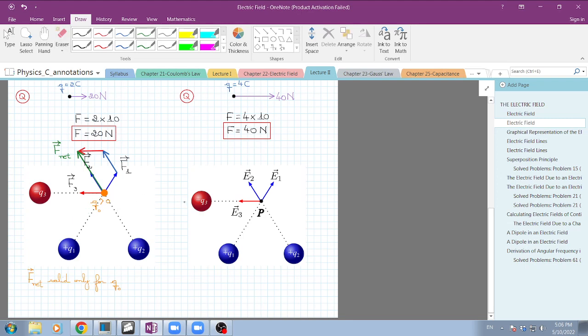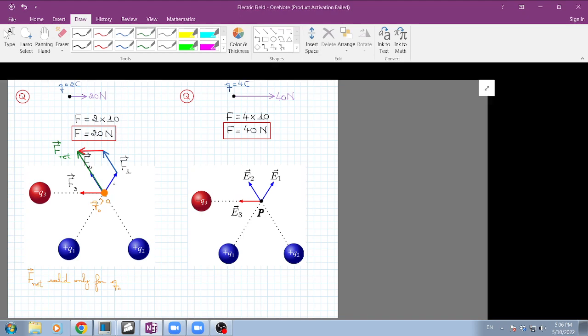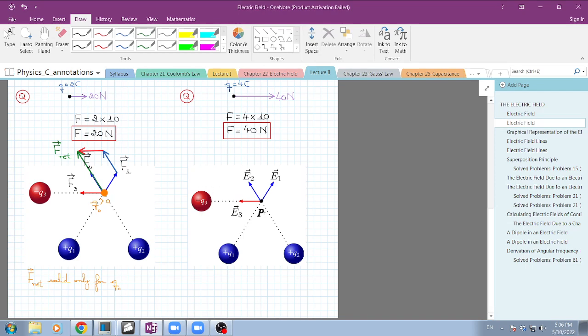If instead of using this approach, where you calculate the force directly and then make a vectorial addition to find the net force, which is sometimes very complicated, we calculate the electric field at this particular point in space, it is simplified.